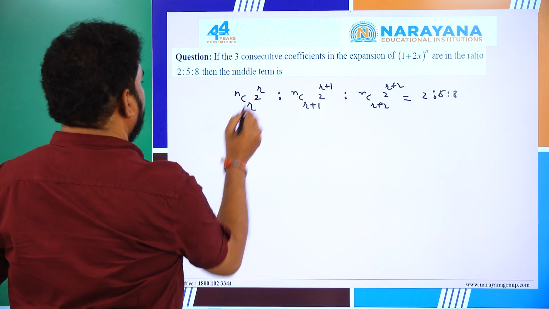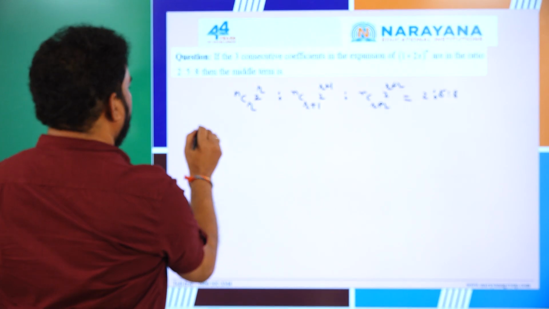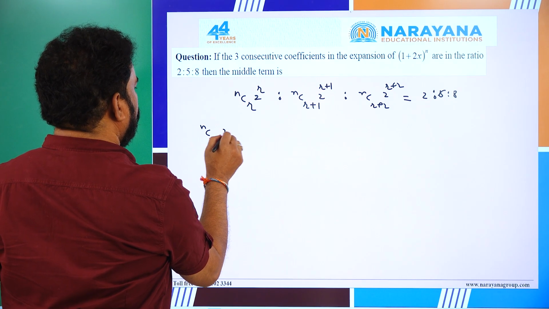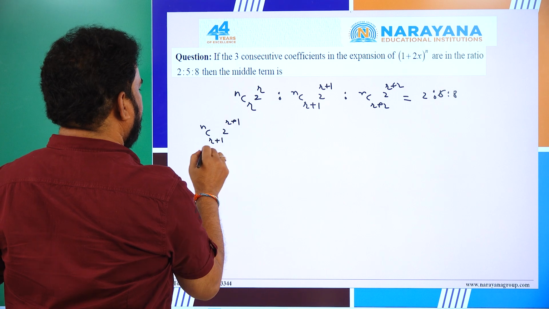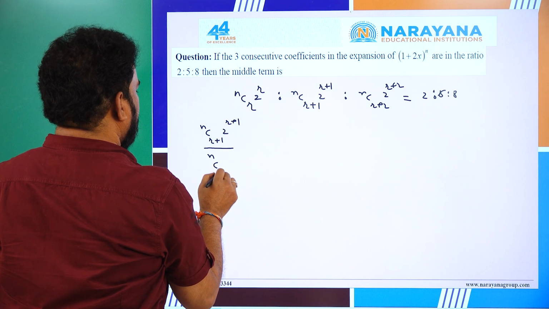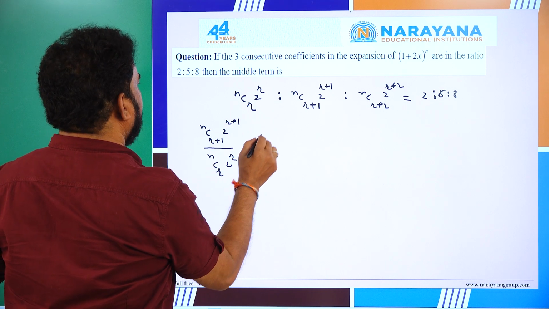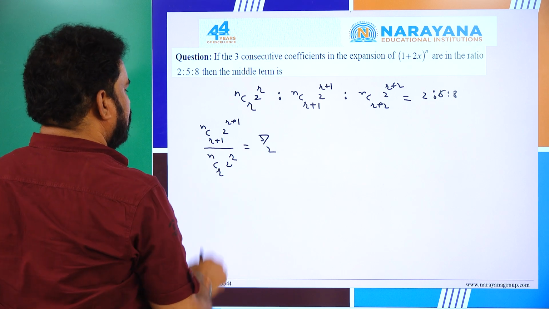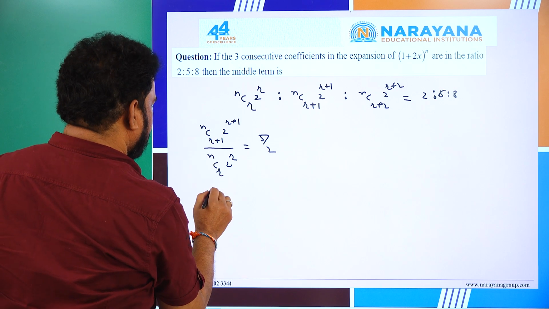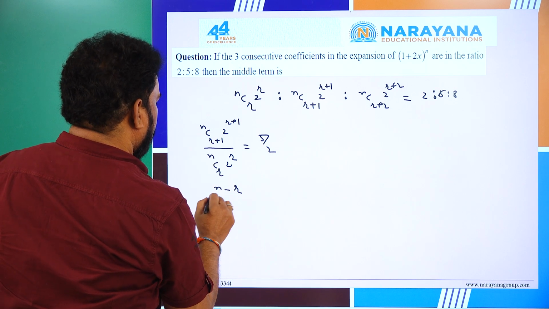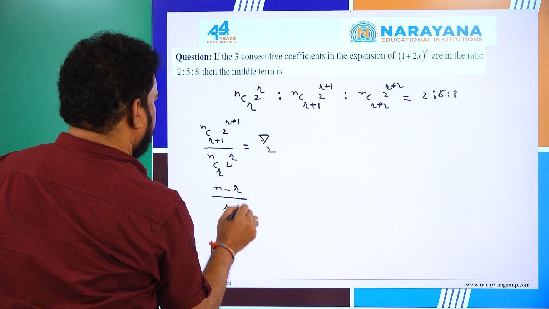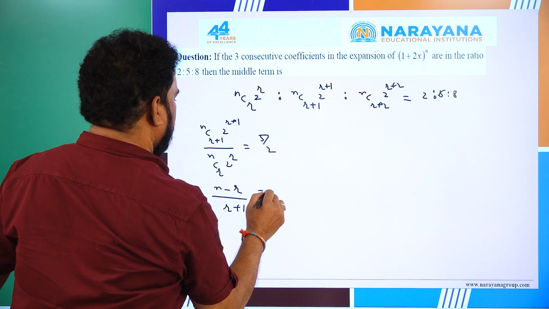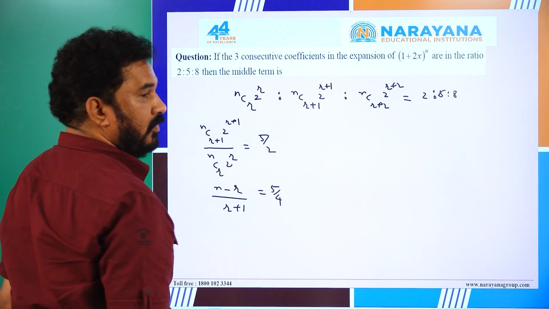Now you take the ratio nC(r+1) 2 power r+1 by nCr 2 power r, which is given by 5/2. So nC(r+1) by nCr is (n minus r) by (r plus 1). Here 2 power r+1 means 2 will be there, so it becomes 5/4.